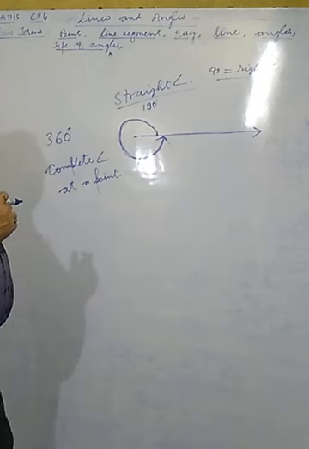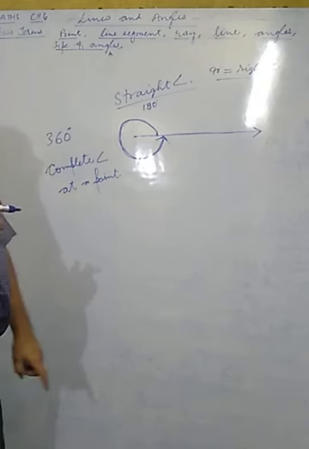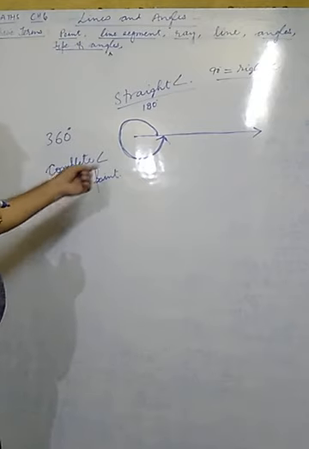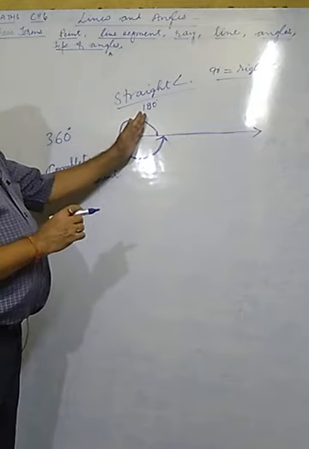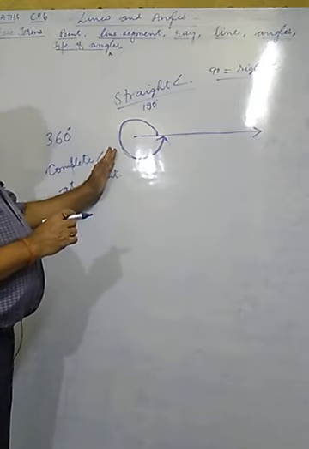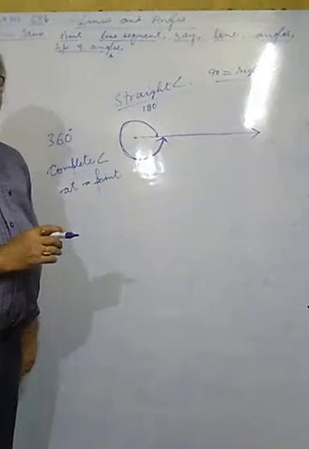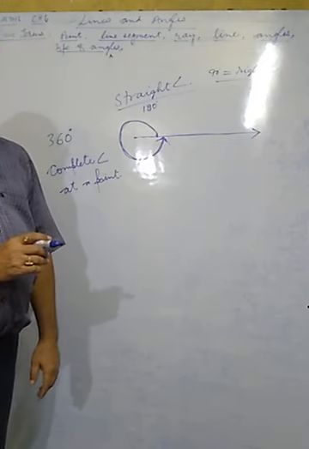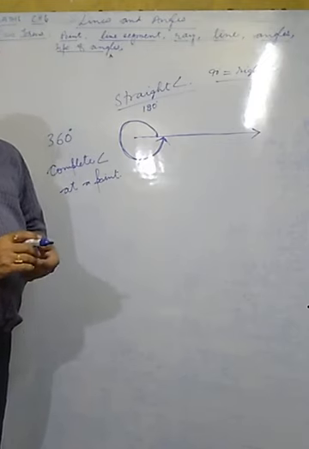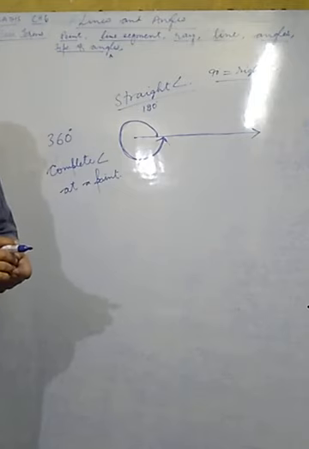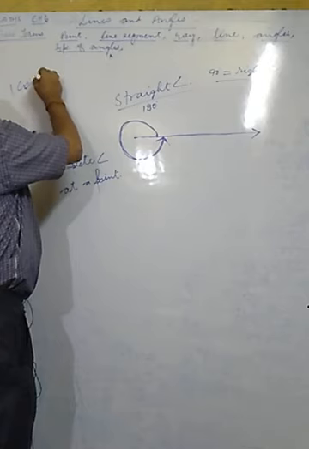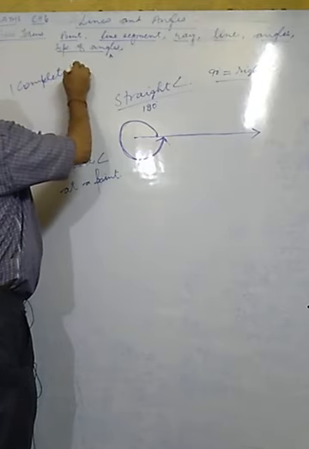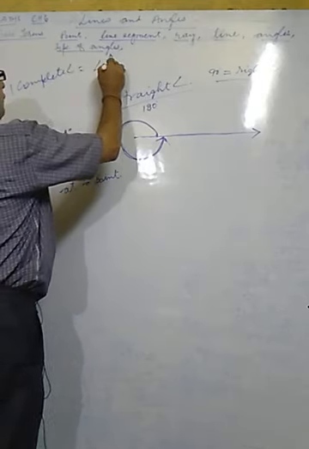Now, one question arises: how many right angles are there in a complete angle? One right angle here, one here, one here, one here. So there are 4 right angles in a complete angle. So one complete angle is equal to 4 right angles.